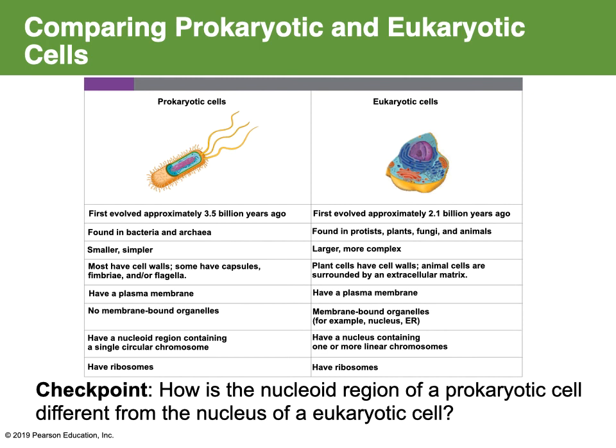Now, both prokaryotic cells and eukaryotic cells have a plasma membrane, so there are some things that they do have in common. There are no membrane-bound organelles in the prokaryotic cell, because one of those is the nucleus, whereas in eukaryotic cells you do have membrane-bound organelles, like the nucleus, the endoplasmic reticulum, etc. Prokaryotic cells have a nucleoid region, an area within that cell containing a single circular chromosome.